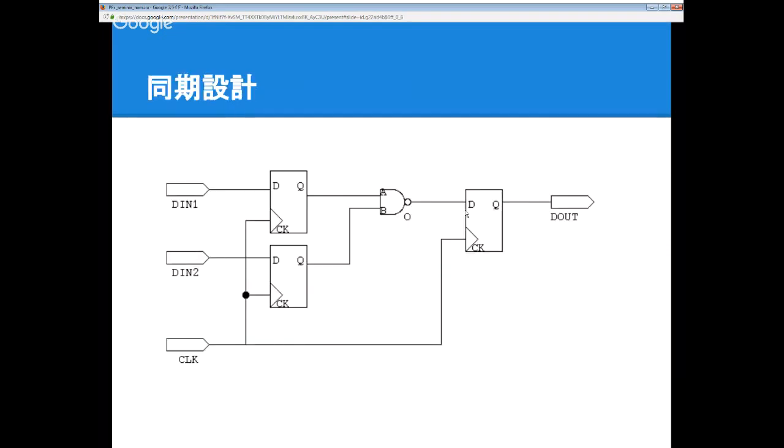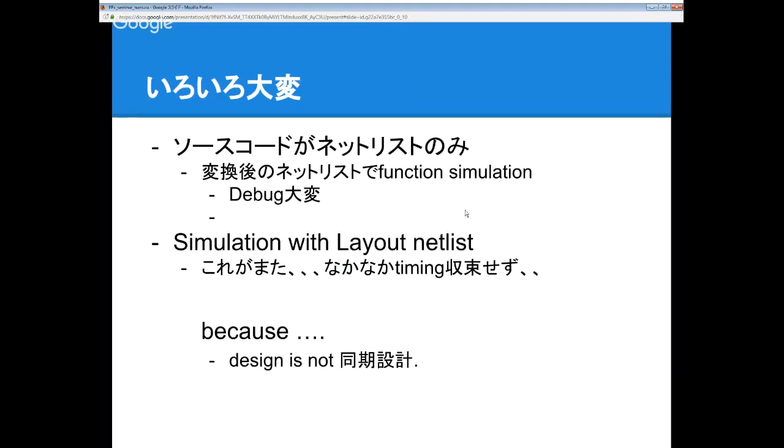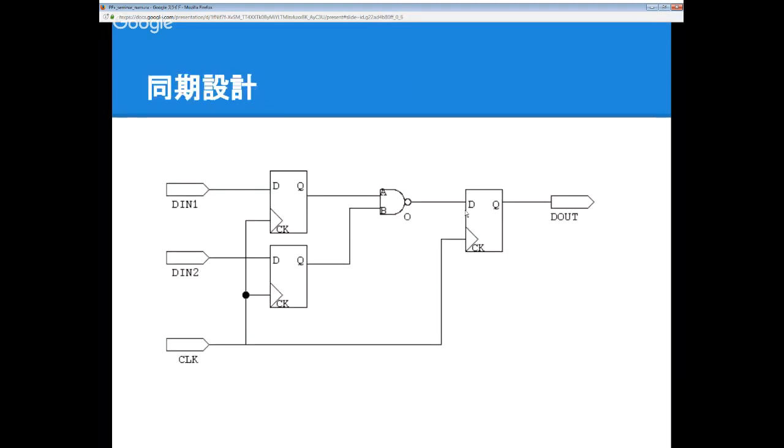I mean, this is a very simple one. This logic works with only one clock. Here is the clock, and these four rectangles are memory elements, and they work with the clock. This is a synchronous design. But in the project, the design was not a synchronous design.